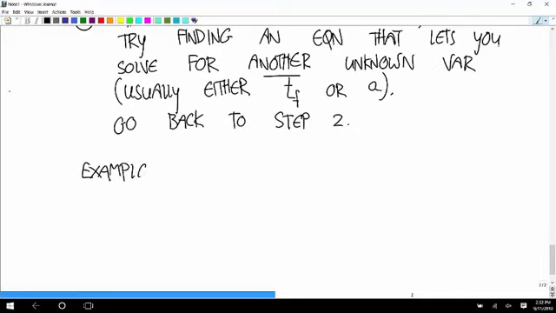So the first example. Let's say a car is traveling 40 meters per second and hits the brakes.